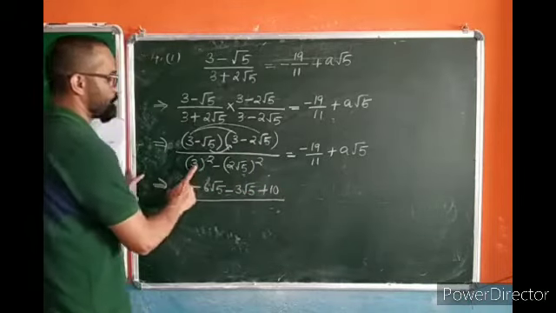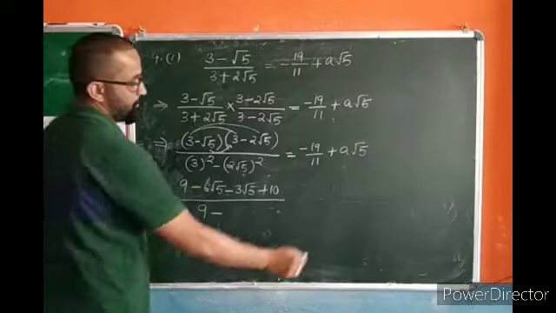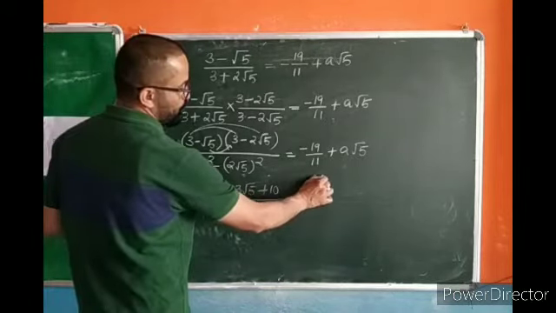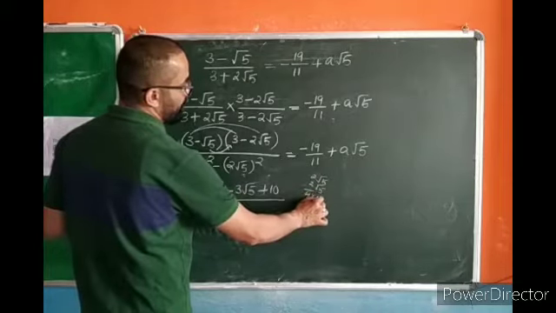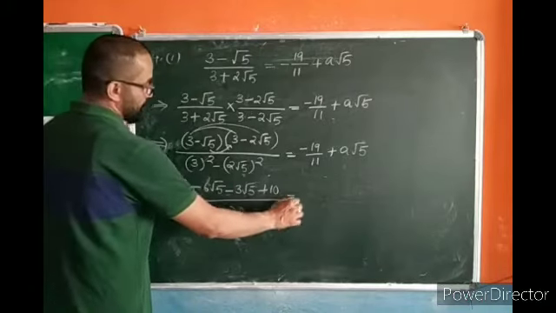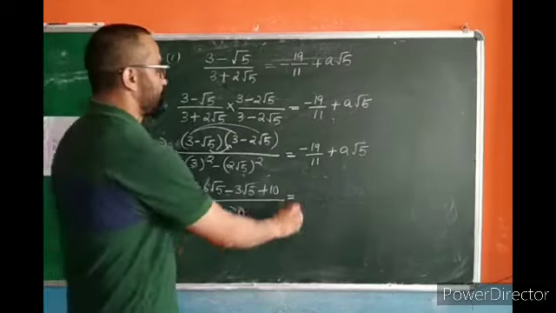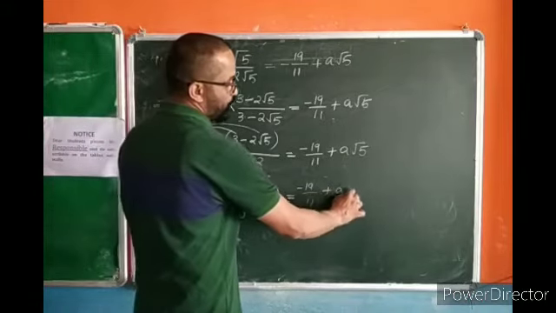Divided by 3 square is 9 minus, simplify this, 2 root 5 squared, it is 4 into 5 which is equal to 20. Right hand side is copied as we have minus 19 divided by 11 plus A root 5.